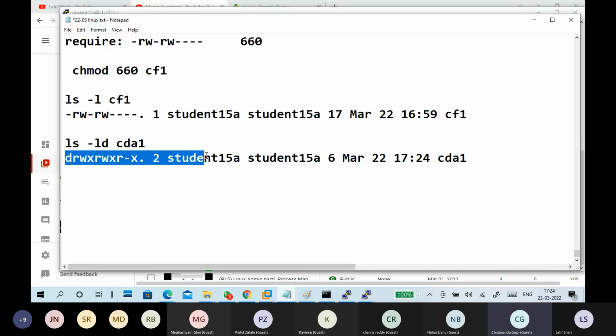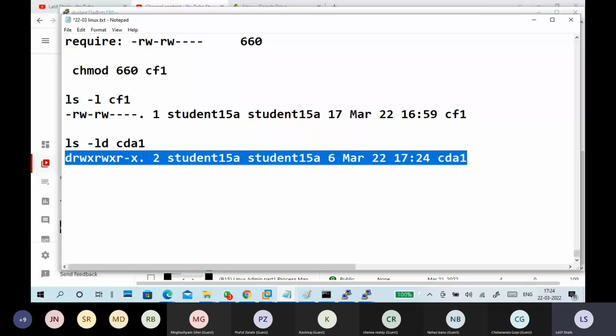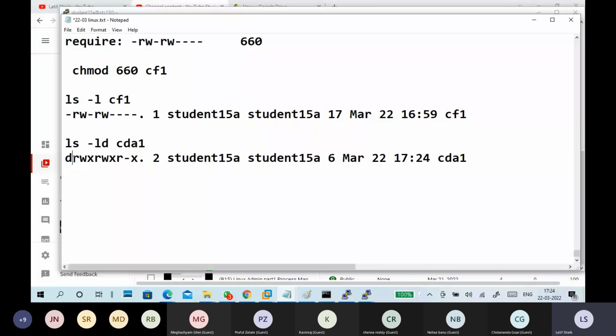Already told, the starting d represents it's a directory, and this is the permission set. You have to set as required. What is the requirement? For example, RWX, RX, and no permission for others. Now calculate and tell me.